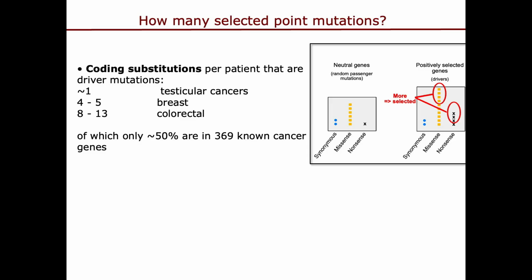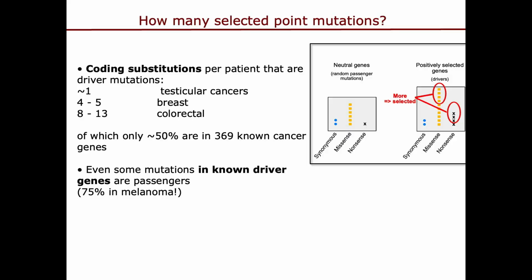In other words, about half the mutations suggested by this analysis were in genes which so far had not yet been identified as cancer driver genes, most likely because they're rather infrequently mutated, and so when you look at them as individual genes, they are not obviously frequently mutated.